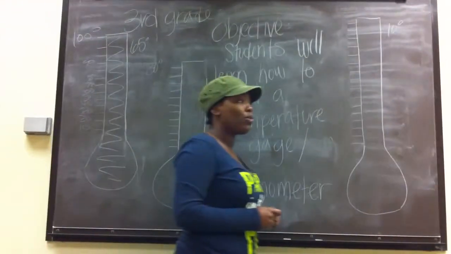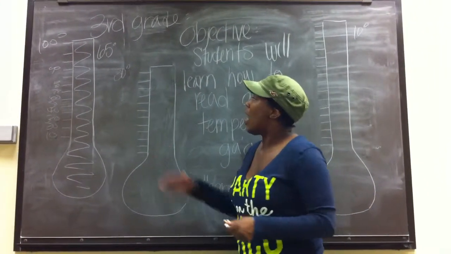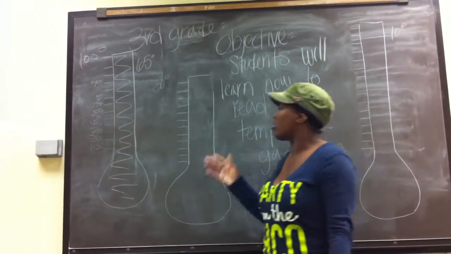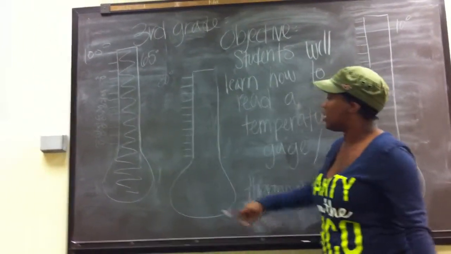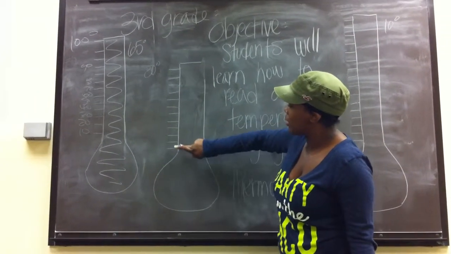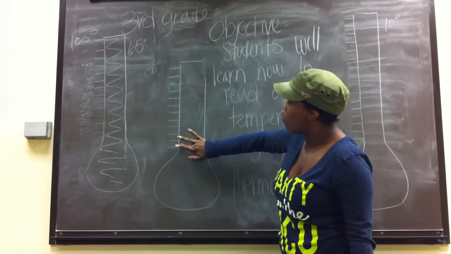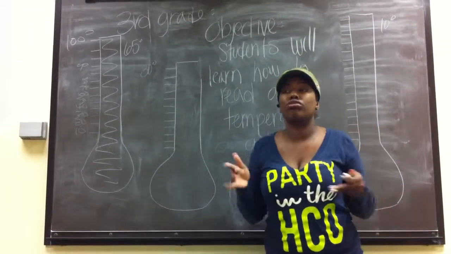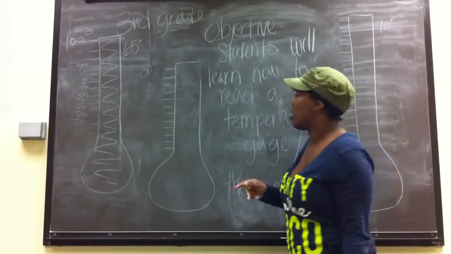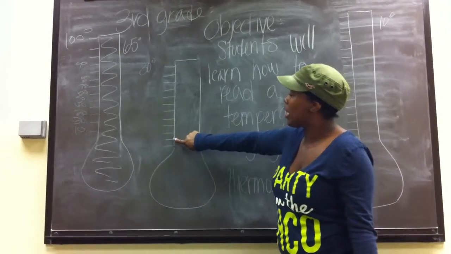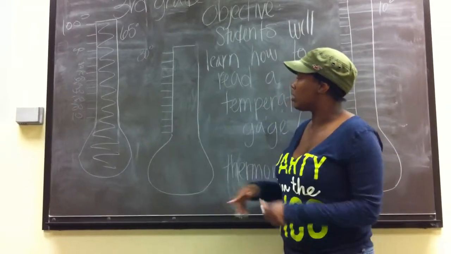We need to know how do we get 30 degrees. How will we read this if it says 30 degrees? What we do is we count the number of lines on the sides, and they go by 10. Being in 3rd grade, you should know how to count by 10s. So we're going to say 10, 20, 30. We're going to start right here.